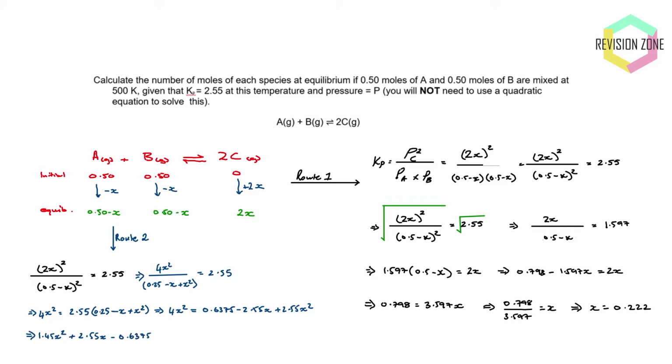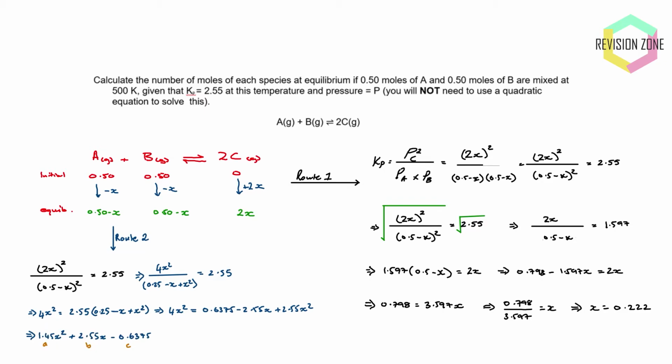I end up with 1.45x squared plus 2.55x minus 0.6375. Now it's at this point we use our rule or quadratic equation to solve for x. Now we know that this term is a, this bit here is b, and this is c.